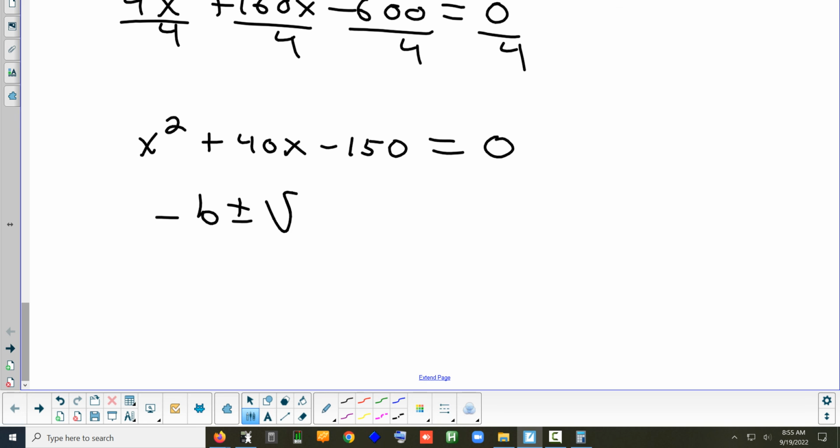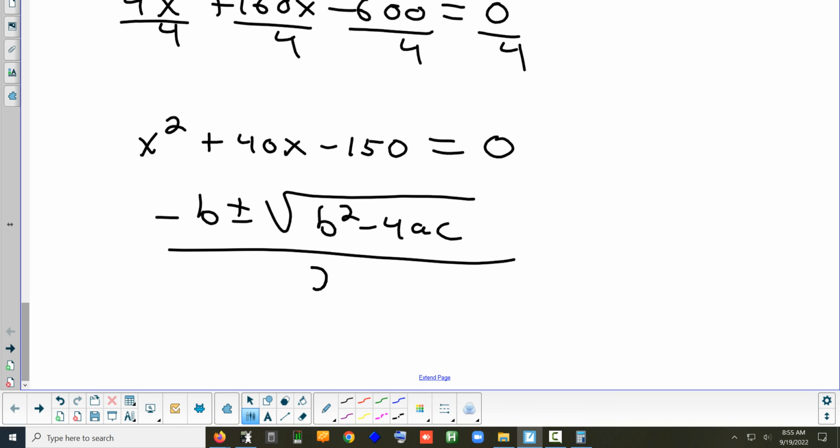So if you don't remember from Algebra 1, there's your quadratic formula. It has 3 letters in it. A, B, and C. Looking at my equation up above, does anyone think they can tell me what each of those letters are? Yep.